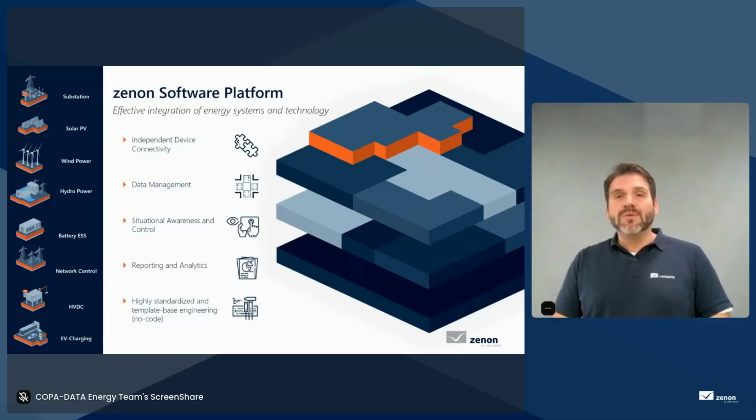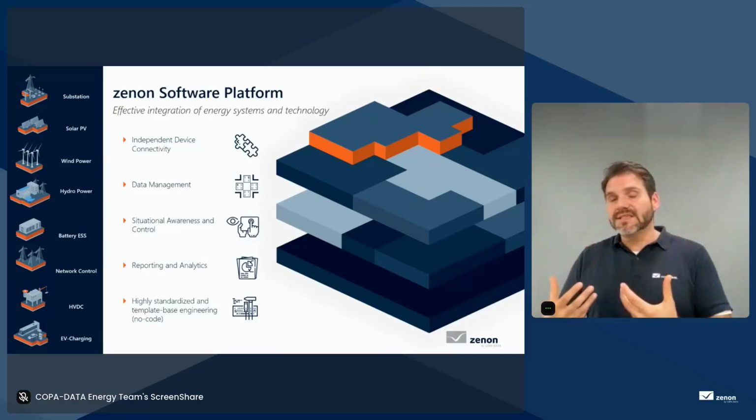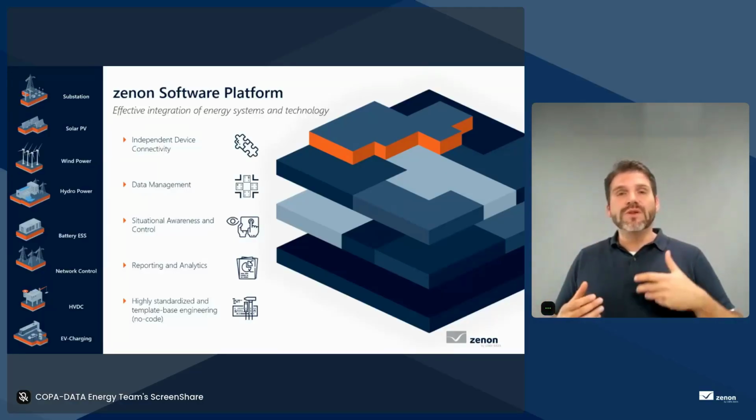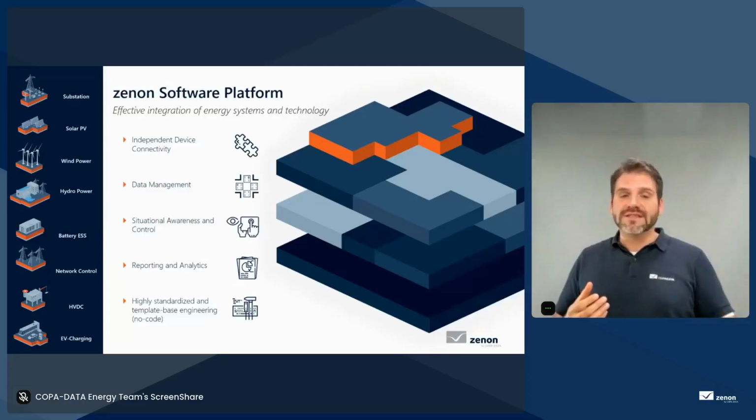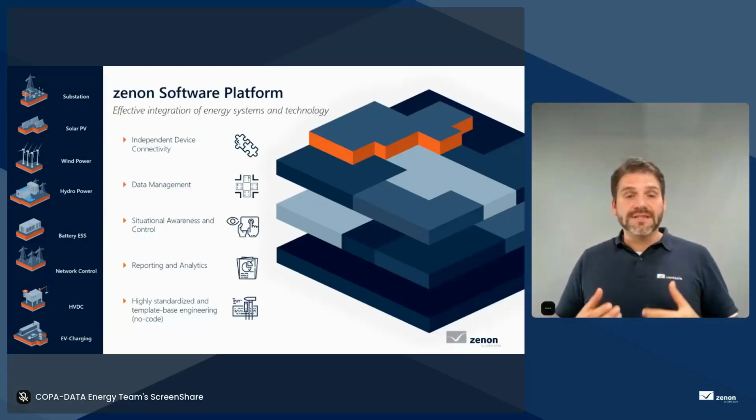Visualization, situational awareness and control are very, very important parts of the zenon software platform as well. Think about processes for substation automation, if you need to control critical equipment, circuit breakers, disconnectors, transformers, and things of that nature.